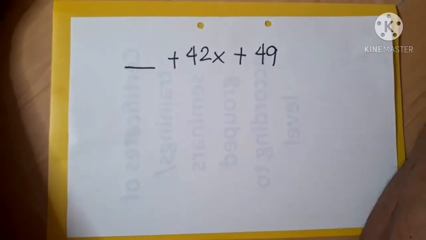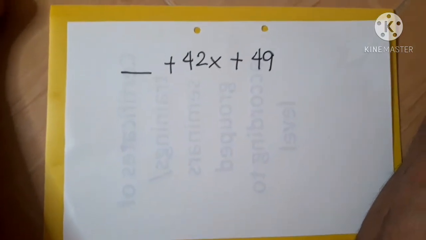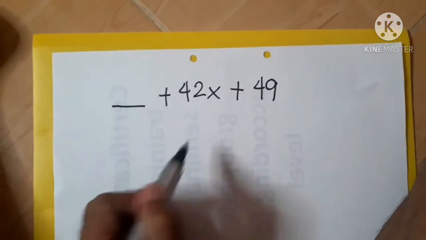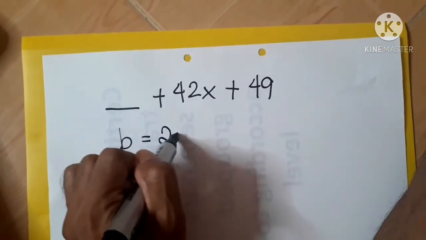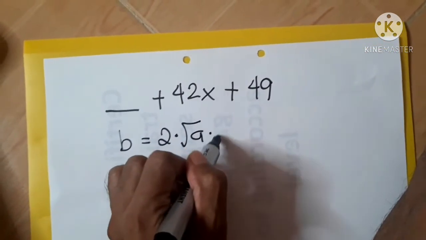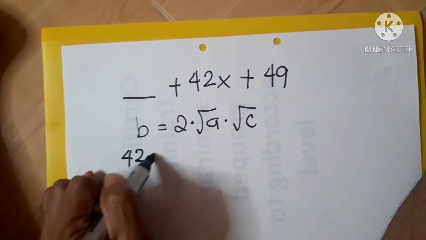We have another case, finding the first term to make this a perfect square trinomial. Again, the value of B or the middle term is equivalent to twice the square root of A times the square root of C. So B is 42x. This is the second term.